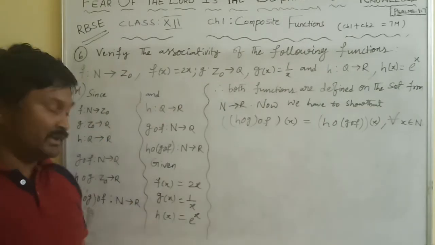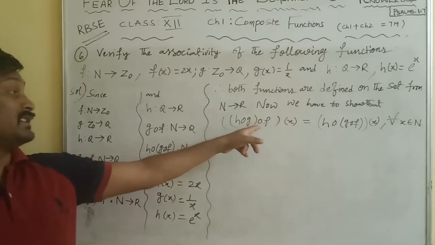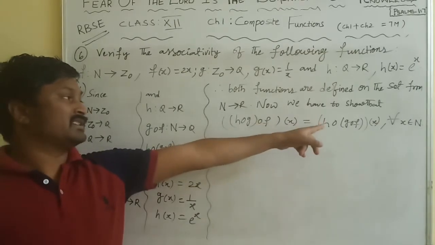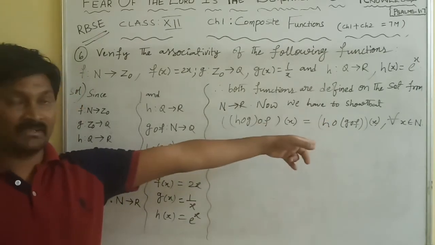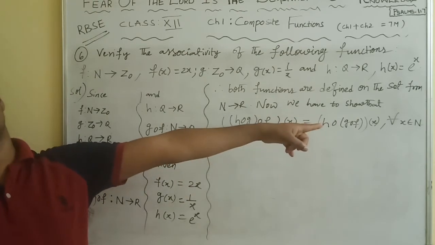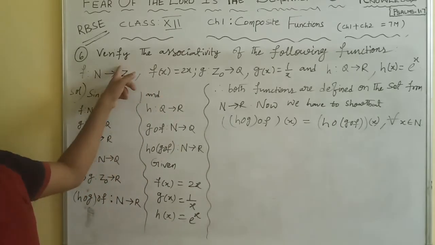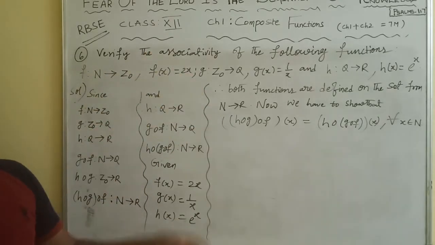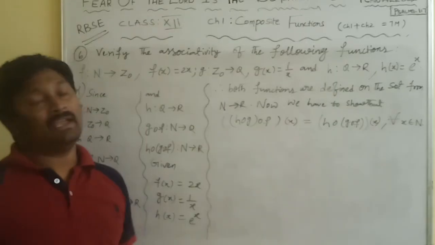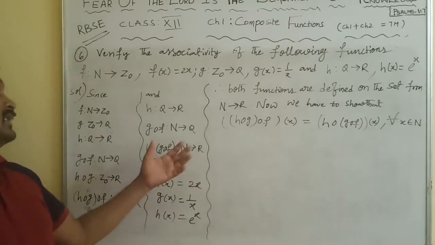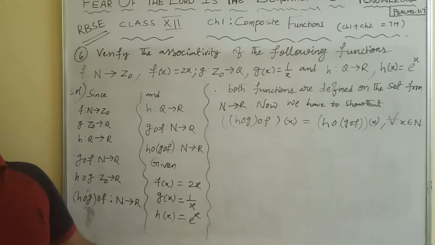Now we have to show that h circle g circle f of x is equal to h circle g circle f of x for every x belongs to N. Here, why we need to show this is because they said to verify the associativity, and if both are equal, then we can say that associativity is verified, otherwise it's not.